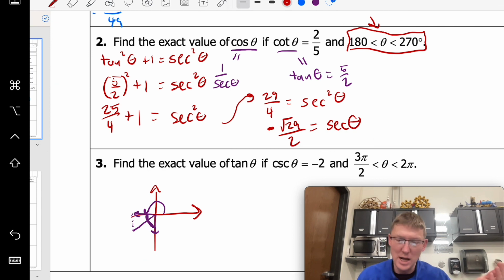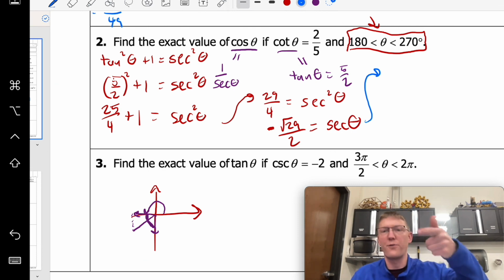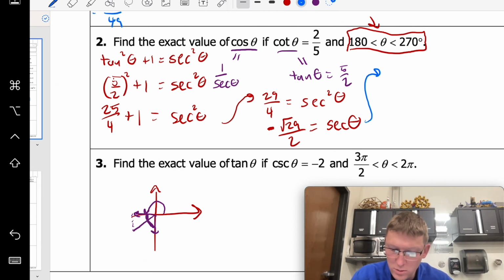So that's going to get challenging and get confusing, but that's okay. So then from here, though, we haven't used blue yet. From here, though, we are still looking for cosine of theta. We haven't found it. We only found secant. But we know that cosine is 1 over secant, or we can just flip things around. So let's flip things around.